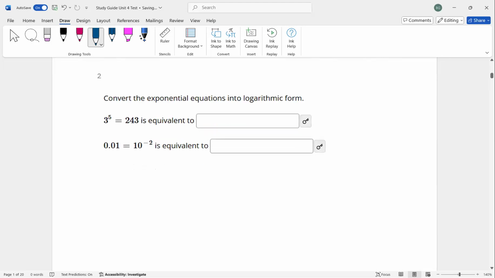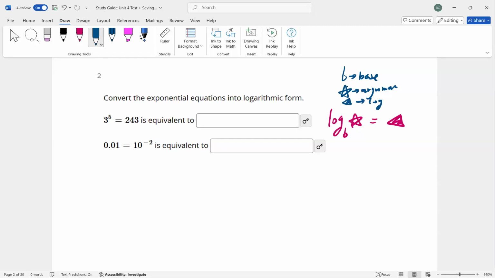Question number 2, convert the exponential equations into logarithmic form. The formula, log with base b, we do triangle and star. Log base b of star equals triangle, right? You know, b is the base, star is the argument, triangle is the log.